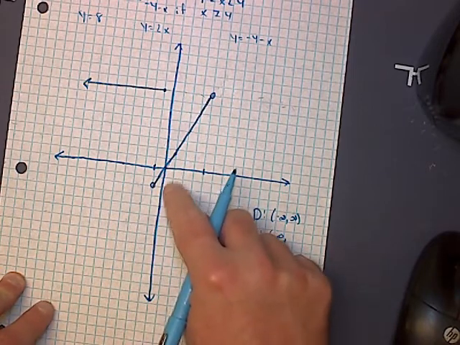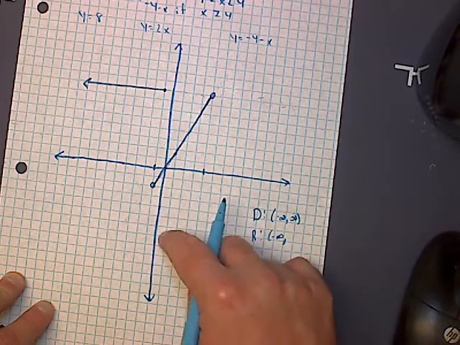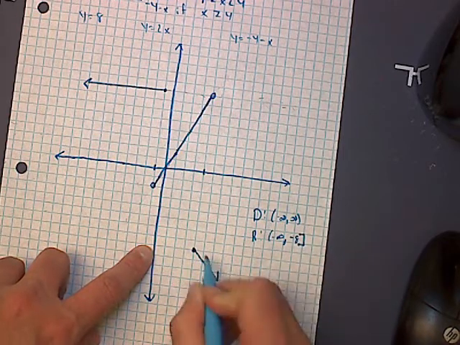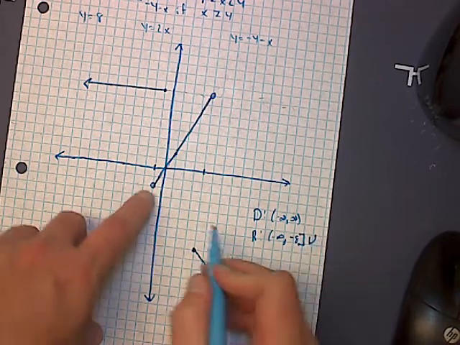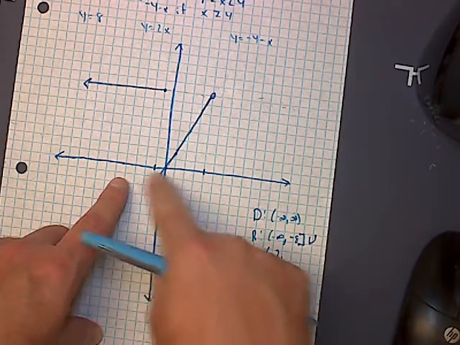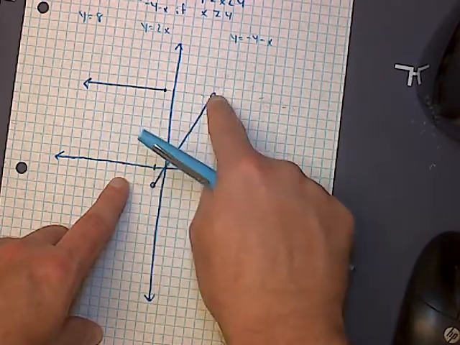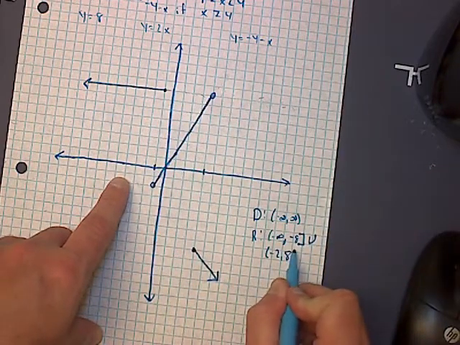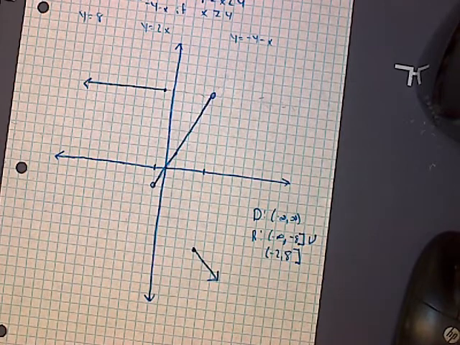That's 1, 2, 3, 4, 5, 6, 7, 8. So -infinity to -8, bracket, because it's closed. Union, now pick up here. Parentheses, -2. It hits the y, that cancels that out, so it's 1, 2, 3, 4, 5, 6, 7, 8. So -2 to 8, bracket, would be my range.